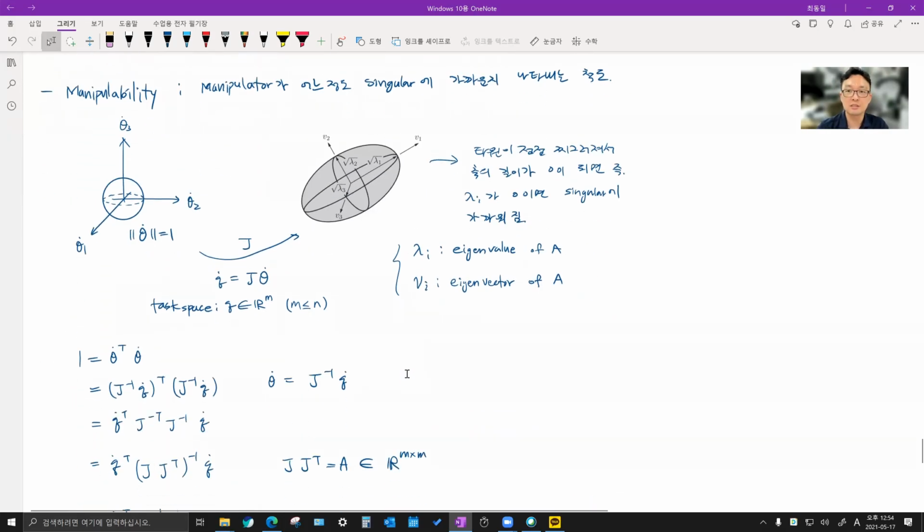And let's learn about manipulability. Manipulability is how close the singularity is to happening. So if there are theta 1, theta 2, theta 3 velocities, and the size of theta 1 dot, theta 2 dot, theta 3 dot is equal to 1, that means unit velocity.